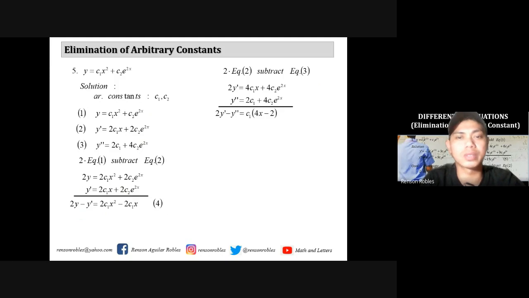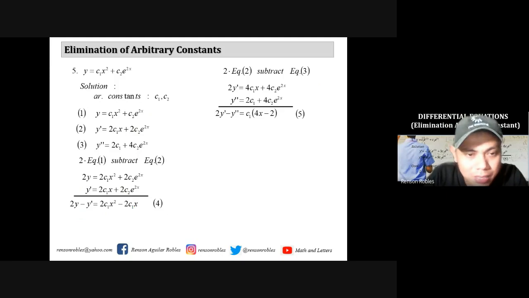All right, so what did you notice? Equation 4 and equation 5 still have c1. So to eliminate that, this is another way to eliminate c1. We can use simultaneous equations. So I can factor out c1 here.